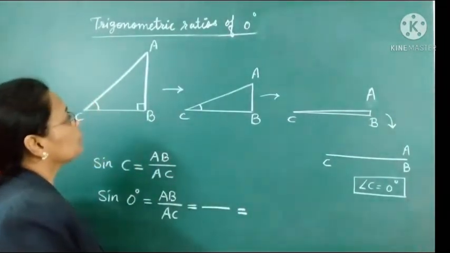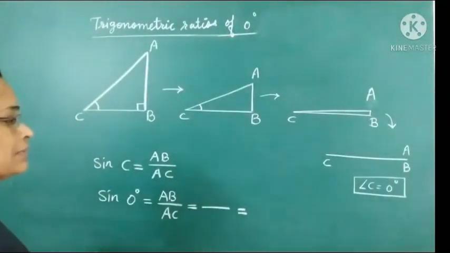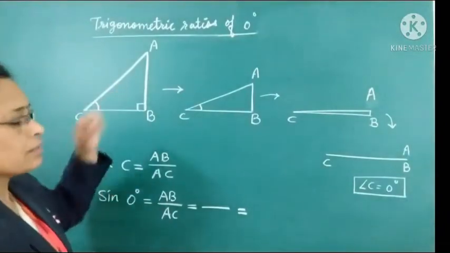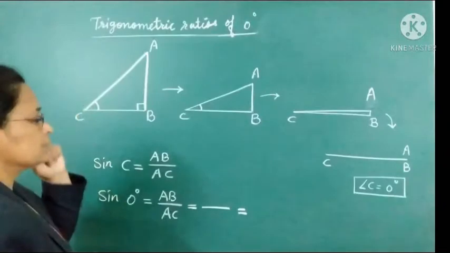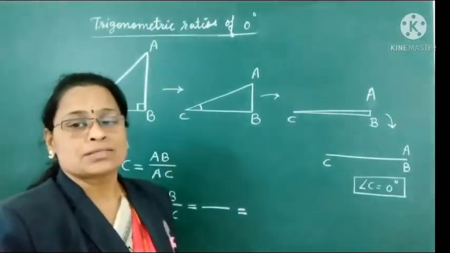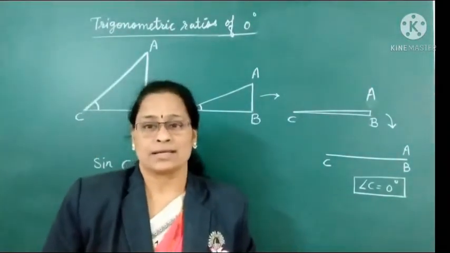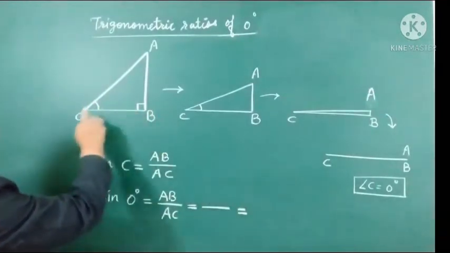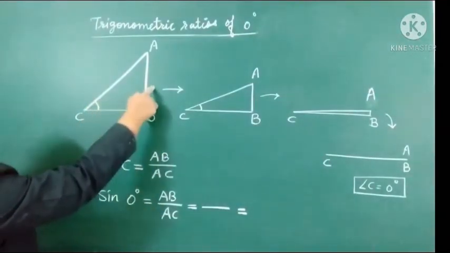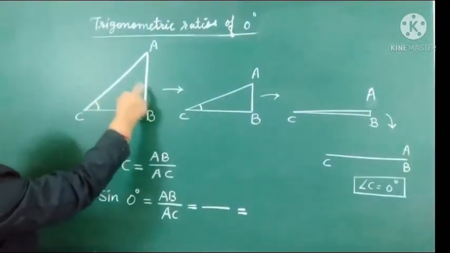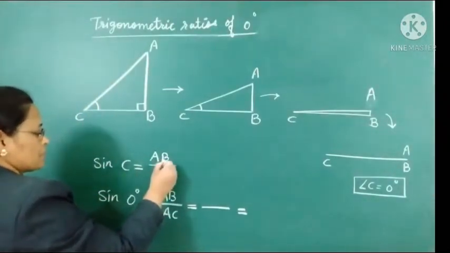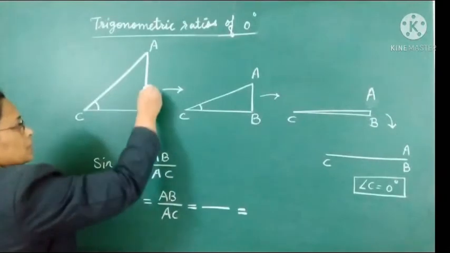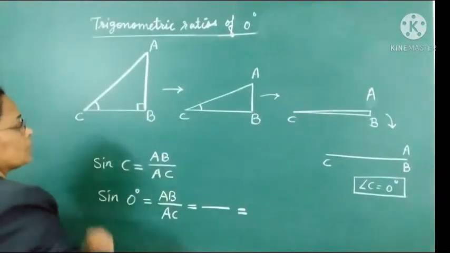The trigonometric ratios for 0 degree we'll see now. This is the right angle triangle as usual. Angle B is 90 degree, angle C is the acute angle. So how will we write sine ratio of this? Sine ratio is opposite side upon hypotenuse. So Sin C is equal to opposite side AB upon AC.